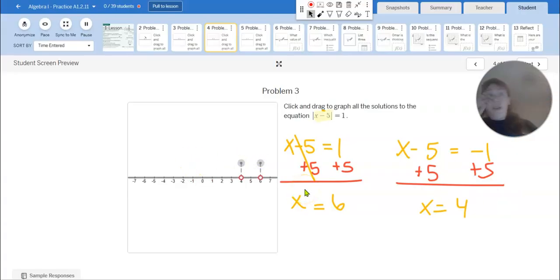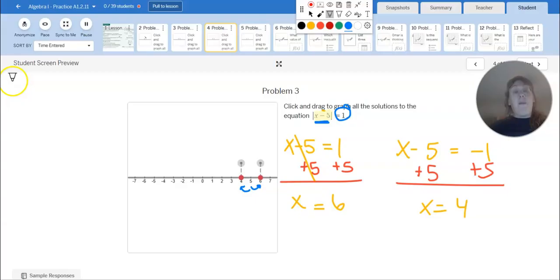And again, if we think about this using the graph like we did for previous questions, the distance from 5 is 1 away. So 1 away from 5 is 6. 1 away from 5 in the other direction is 4. This is equal. There's no greater, there's no less than, it's just equal. So we just want to fill in those circles. Those are the two solutions here.